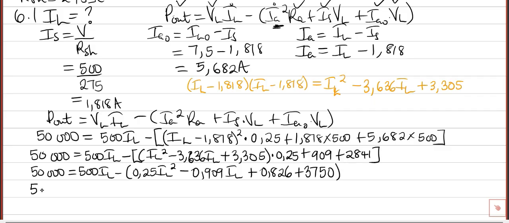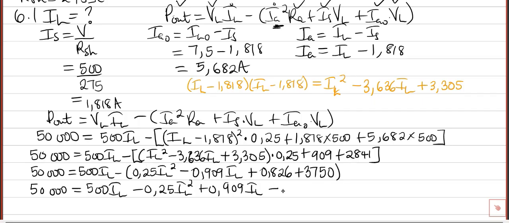For our next step, we might want to just multiply this negative sign inside this bracket here. So we have 50. We are solving for IL. So 500 IL negative times this value is going to be minus 0,25 IL squared. Negative times negative, it's going to be positive 0,909 IL. These two are like terms. You can add them and multiply them by the negative sign.